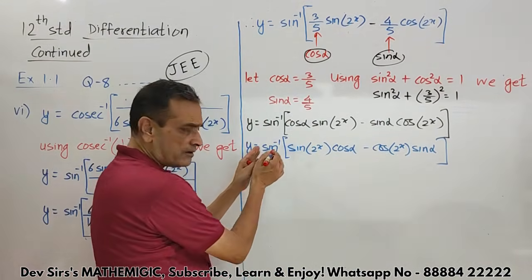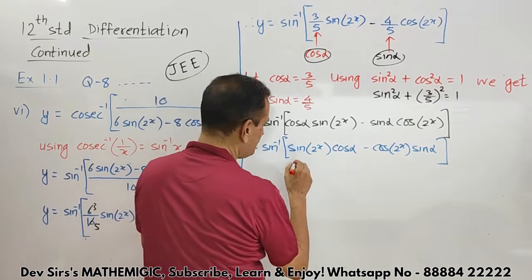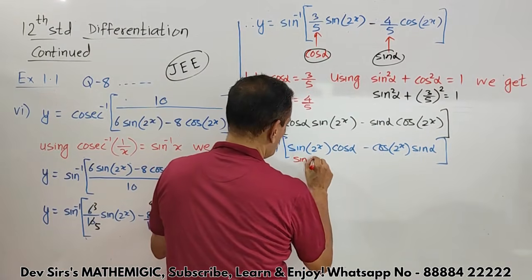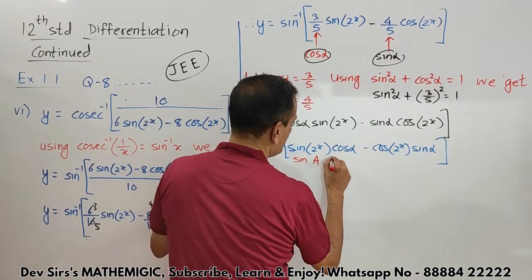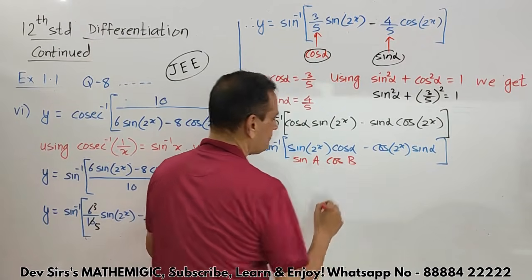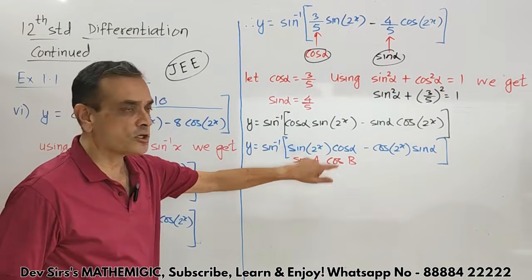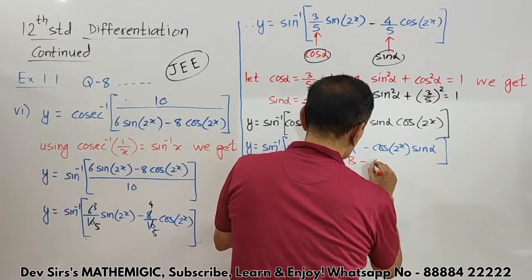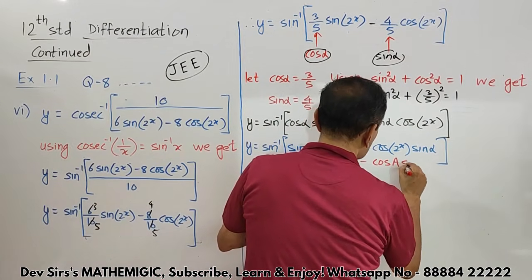Look, I'm not writing anything about sin inverse. This is sin A, alpha is B. Sin A cos B minus cos A sin B.